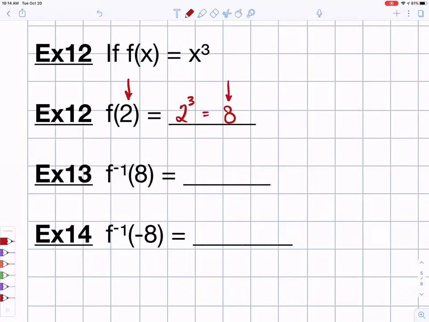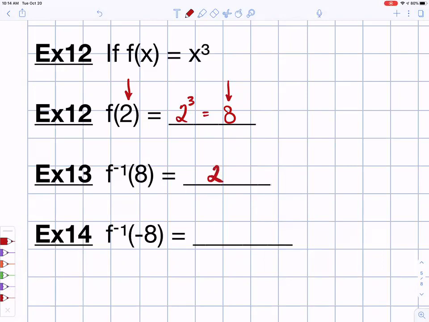We know how to write a coordinate with that: it would be (2, 8). Now let's go backwards. If we're talking about the inverse, what is the inverse of 8? What is f inverse of 8? 2.